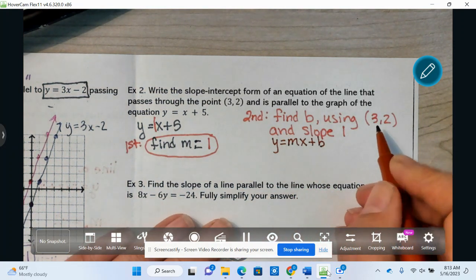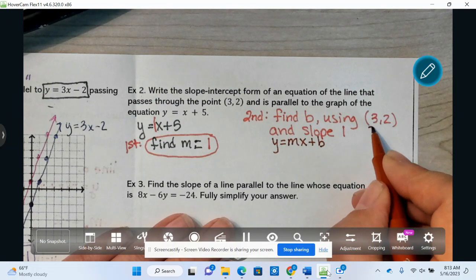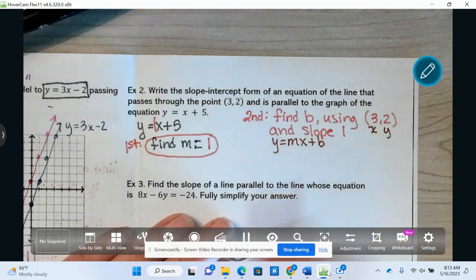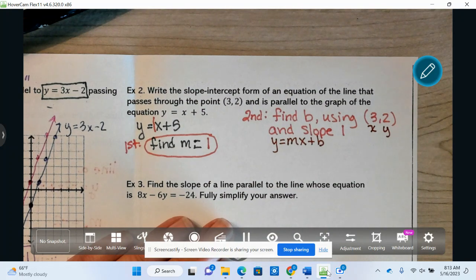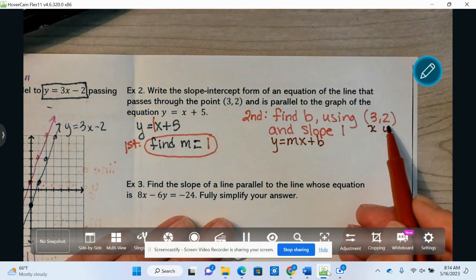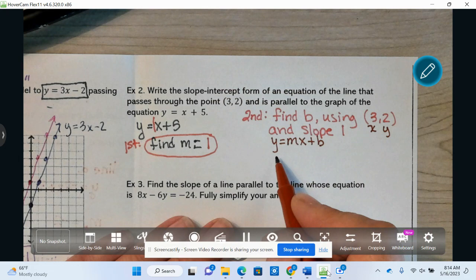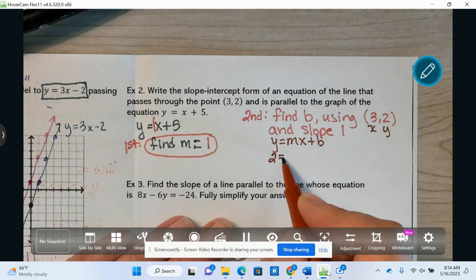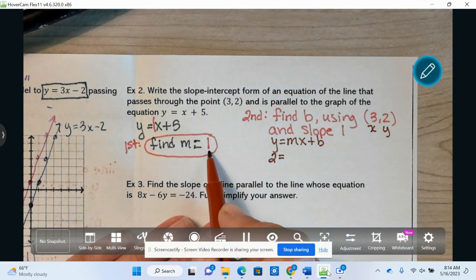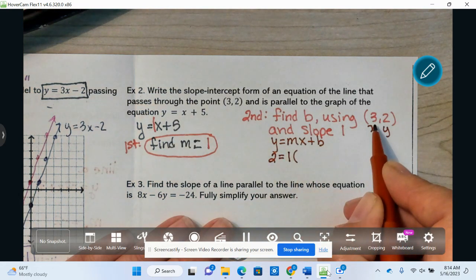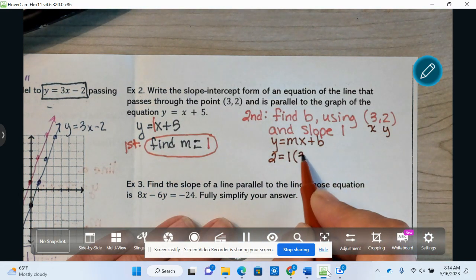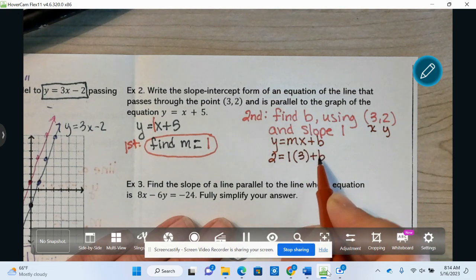This 3 is an x value, 2 is a y value. So what am I replacing the y with? A 2. 2 equals, what is my slope? 1 times, what is my x? 3 plus b.